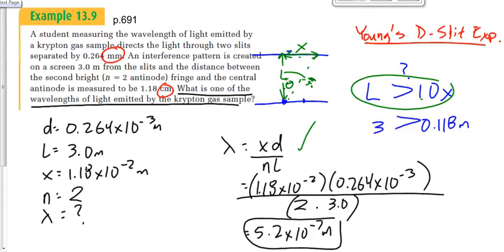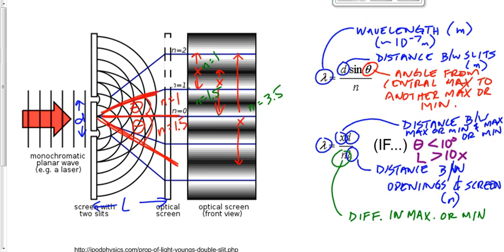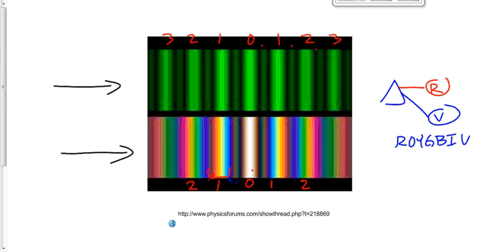If you have data for a different color, then use a different color. Don't treat question number 2 any different than question number 1. If you're given data for green light down here, then use green light. If you're given data for red light down here, then use red light. Don't treat it any different, okay?